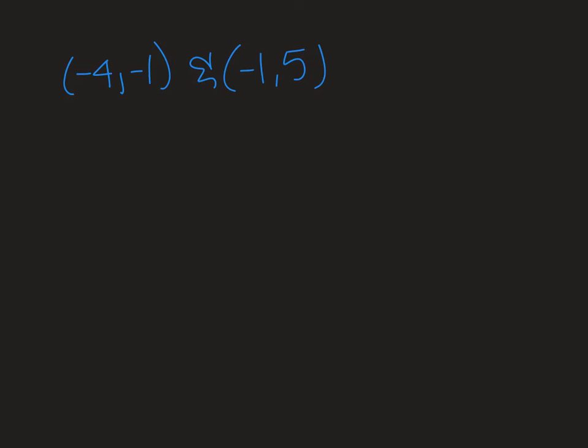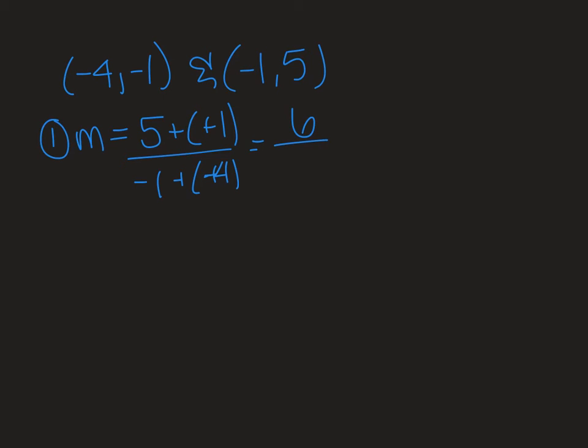So the first thing that you have to know is what is your slope. So you're going to do 5 minus -1 over -1 minus -4. Again, remember those rules. Minus a negative means plus a positive. So we have 5 plus 1 is 6, and -1 plus 4 is 3. So we have a slope of 2.